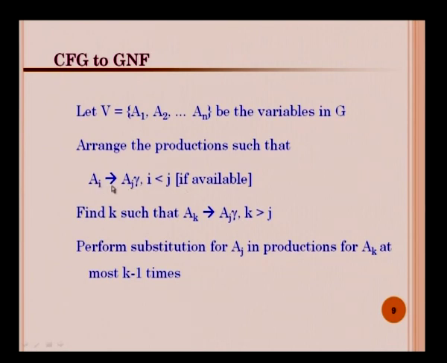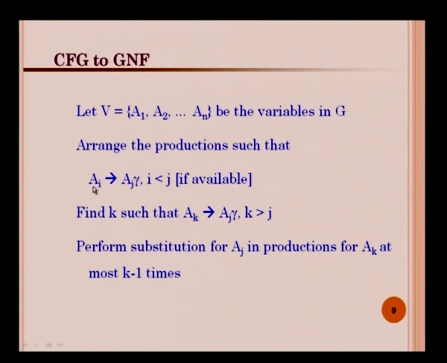The condition is i less than j. So we need to have the productions in this order: A1 derives A2, or A1 derives A3, or A1 derives A4, like that, followed by this gamma. So we are concerned only about the first variable. The rest of the things can simply be ignored, because we are looking for whether there is any left recursion available or not. If there is any left recursion, it should be removed.